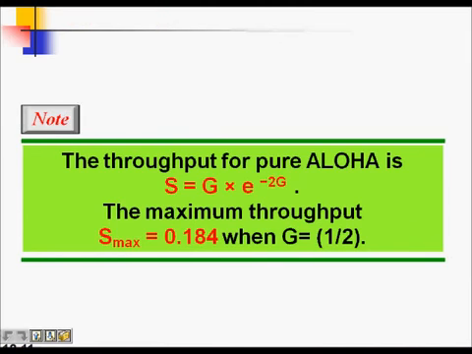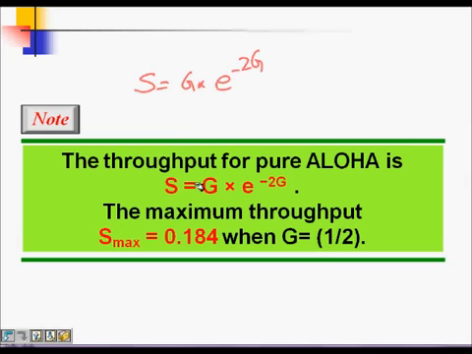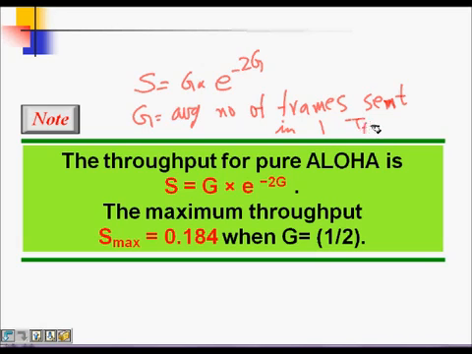And let's talk about throughput. How efficient is this one? Efficient means if I'm sending 100 frames, how many of them are really going to be transmitted, that is, not affected by collision. So that throughput is given by S is G into e to the power of minus 2G. What is G, you will ask? G is the average number of frames that are sent in 1 TFR, okay.